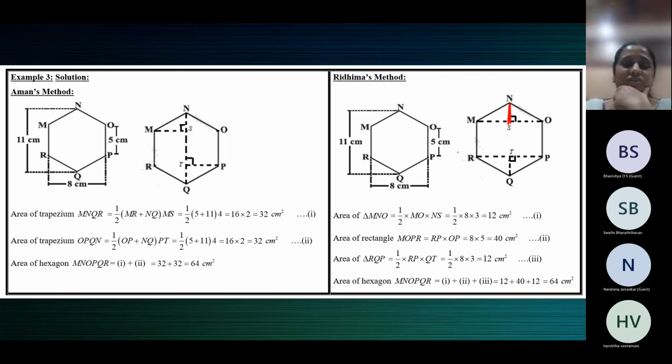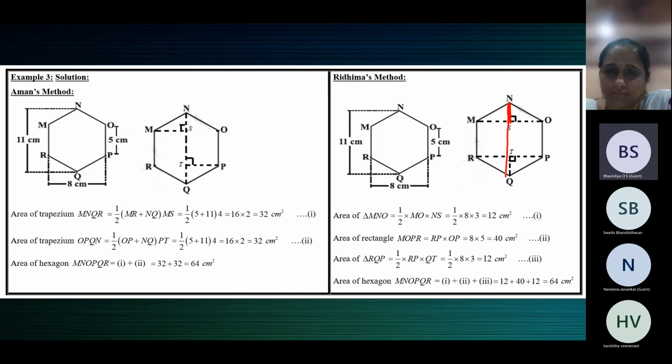You understand how the height is 3? Yes, ma'am. How? Explain. Ma'am, we are having the base as 8 centimeter, ma'am. Okay. After that, for N and S, the height is 3 centimeter because... How much is NQ?